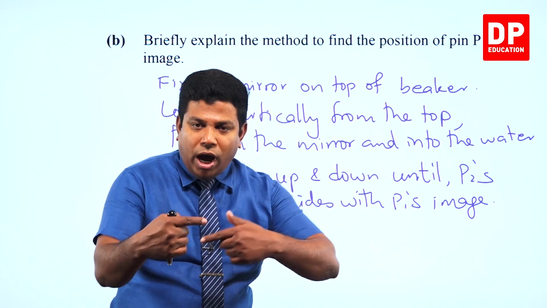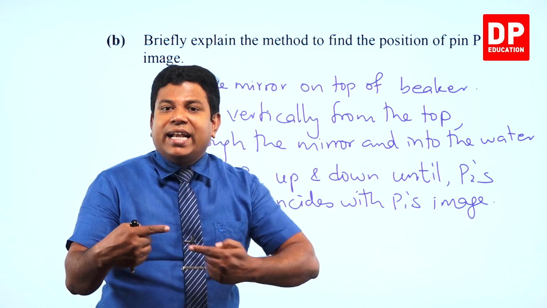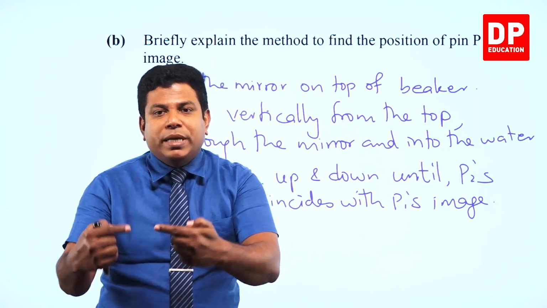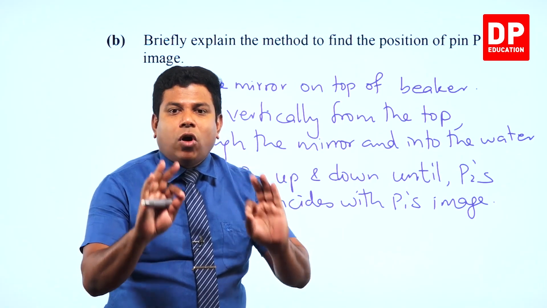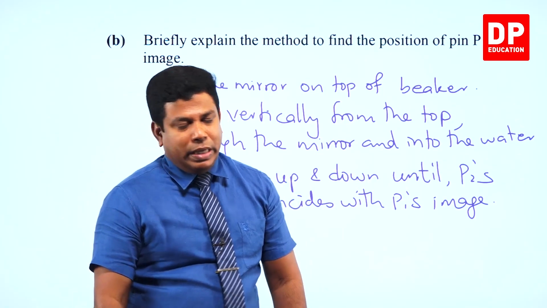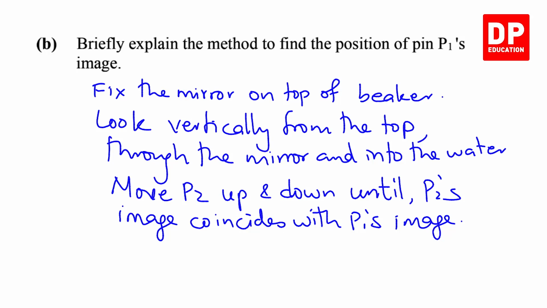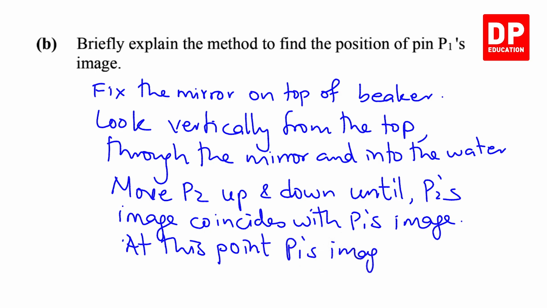Basically, when you move your eye, there shouldn't be relative motion between P1's image and P2's image. So at this point, you have located P1's image. Right? At this point, P1's image is located, or it's found.